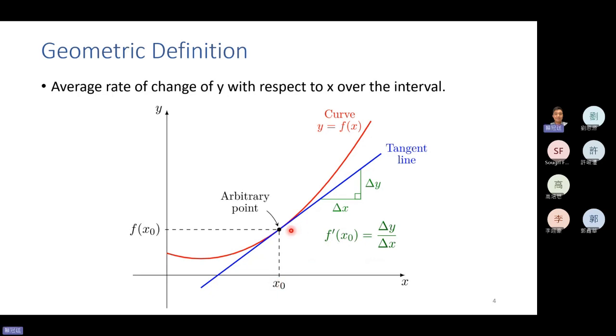Calculating the derivative at point x is equal to finding the tangent line to the curve function, right? Using the tangent line, we can calculate the change of y divided by the change of x, which is the derivative at x0.